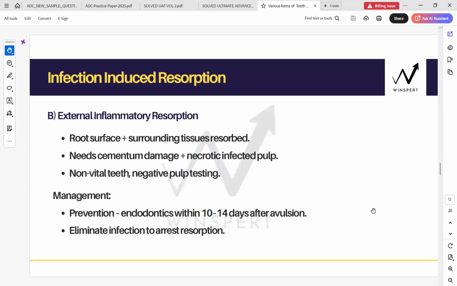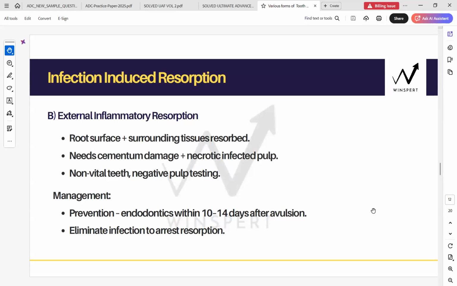So similar to the internal one, there has to be some previous damage to expose the root surface to your resorptive cells. Okay. So there could be some pre-existing history of injury that had already exposed the cementum and damaged it. So when the pulp got infected, it started resorbing.